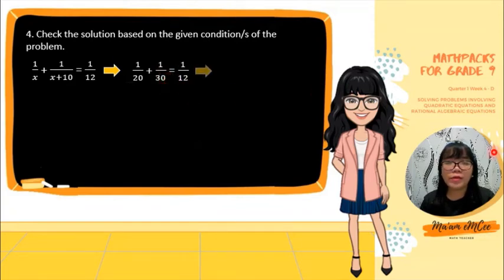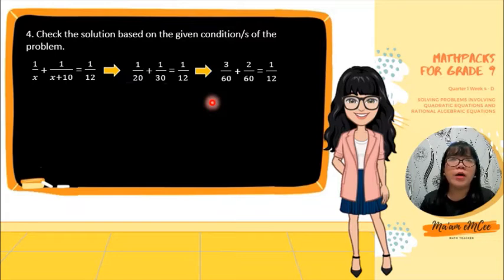So let us simplify. The LCD, or the least common denominator, of 20 and 30 is 60. Okay, it's not 20 times 30, which is equal to 600. Not all the time will we be multiplying our denominators.